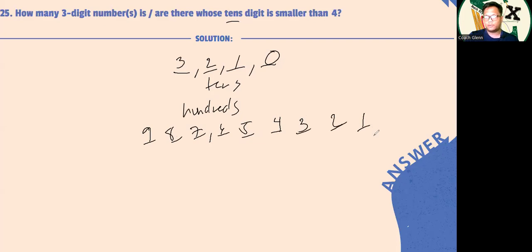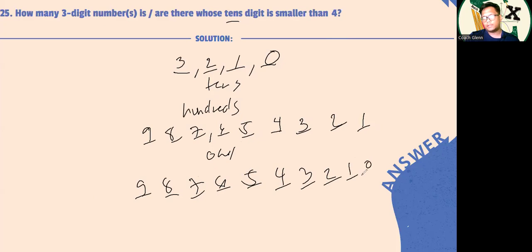Okay, we cannot have 0 because if our hundreds is 0, then that's not a 3-digit number. And then for the ones, we can have 9, 8, 7, 6, 5, 4, 3, 2, 1, and 0.